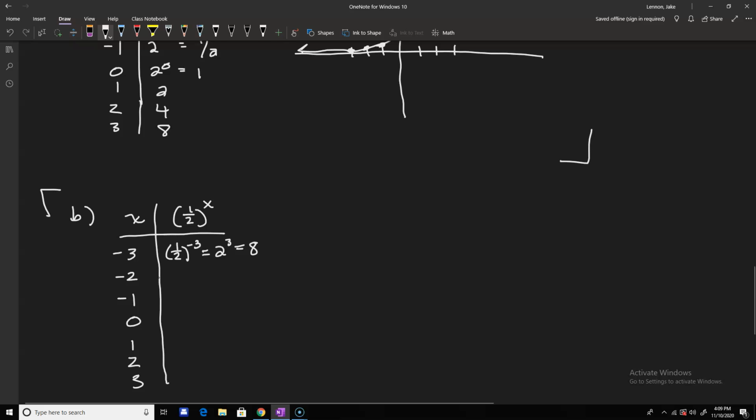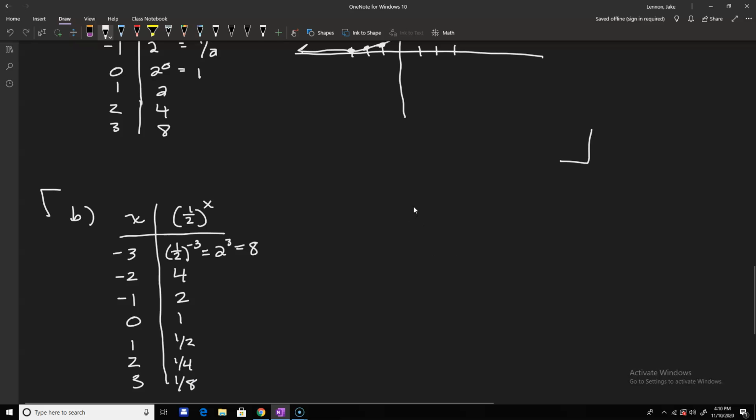The same thing goes for -2. That would give you 2 squared, which is 4. -1 would just be the reciprocal of 1/2, which is 2. Anything to the 0 power is 1, and then we get our 1/2, 1/4, and 1/8. So we get the same y values, but appearing in the reverse order that we saw previously.